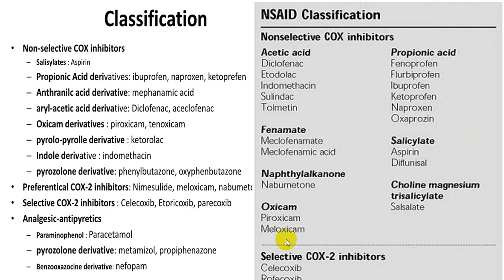While selective COX-2 inhibitors are celecoxib, rofecoxib, etc. So you can divide into non-selective and preferential COX-2 inhibitors. This can be further divided: non-selective and selective, and the selective can be further divided.